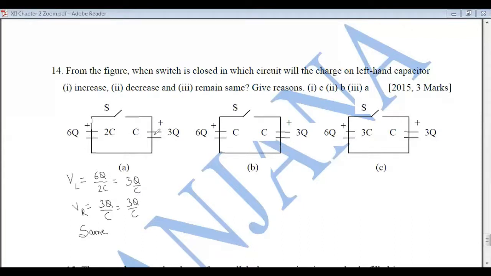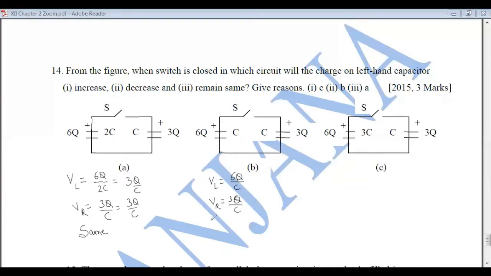Okay, whereas in the B figure, the potential on the left capacitor is 6Q upon C and the potential on the right capacitor is 3Q upon C. Okay, as here we see that the potential on the left capacitor is more than that on the right capacitor. So when the switch is closed, the charges will start flowing from the left capacitor to the right capacitor.